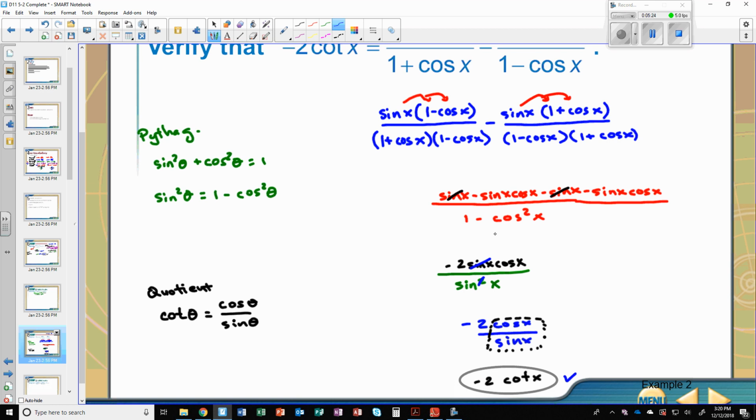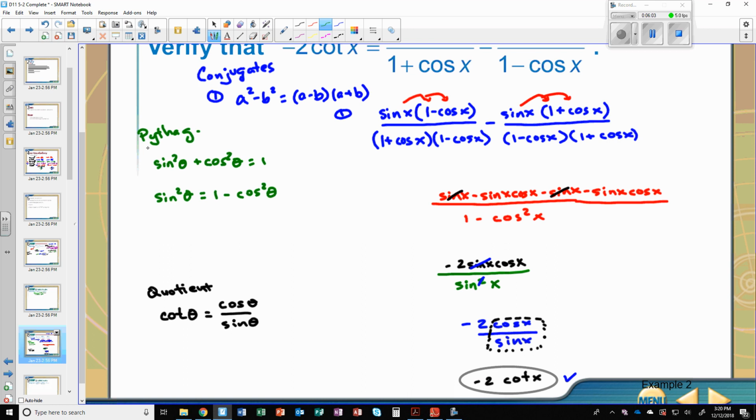Now, just to fill in your steps, this step right here came from conjugates. This first thing I did, we applied conjugates, that a squared minus b squared equals a minus b times a plus b. That's what I did here first. The second thing we did here is I simplified, and I also did the Pythagorean identity.